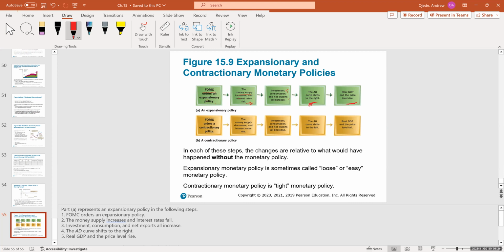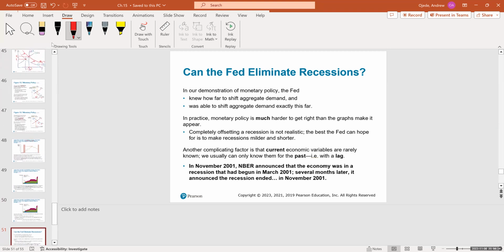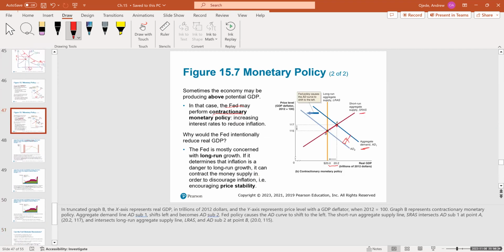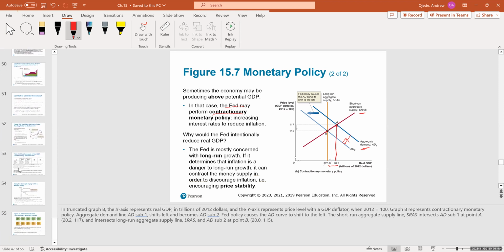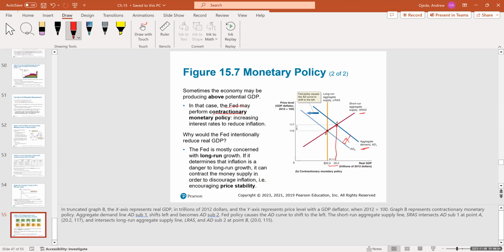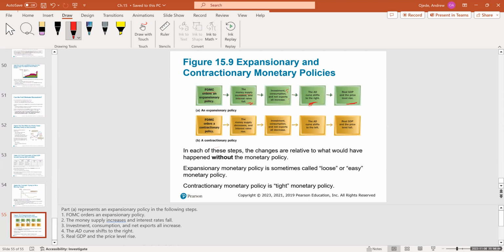And then again, when the economy is in an inflationary gap, like we described in the diagram earlier, the inflationary gap is right here, then the Fed is going to pursue the opposite policy. The Fed is going to pursue a contractionary monetary policy. The Federal Open Market Committee is going to order a contractionary policy to increase interest rates or lower the money supply.